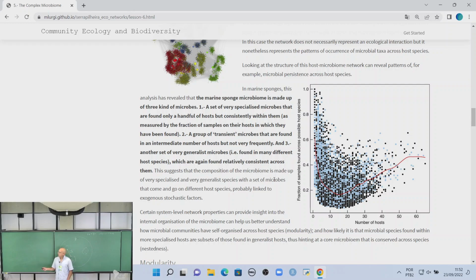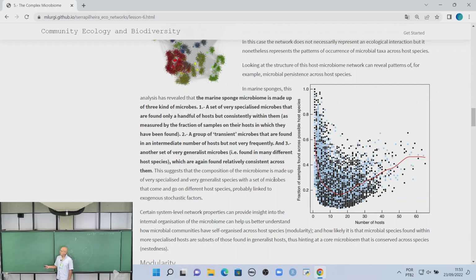So basically in here, on the x-axis, I have the degree, or the number of hosts in which each bacterial taxon or bacterial species is found. We call them OTUs, for operational taxonomic unit, but I am going to refer to that as species.